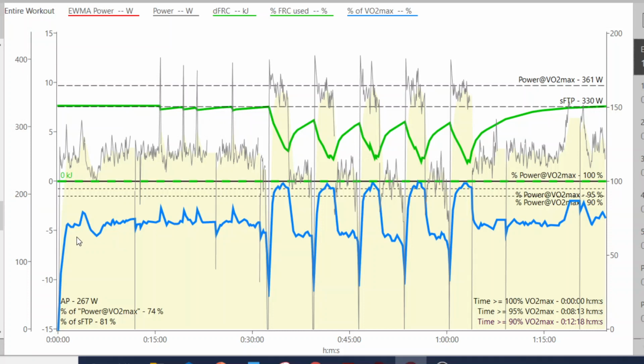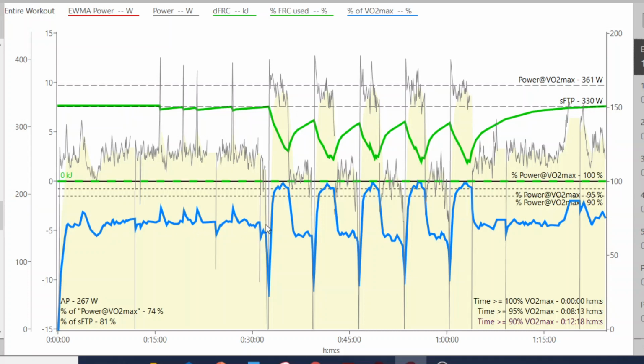The other thing the chart models is percent of power at VO2 max. Here, as I explained in the first video, we are using a surrogate, 5-minute modeled power, as a surrogate for quote unquote power at VO2 max.